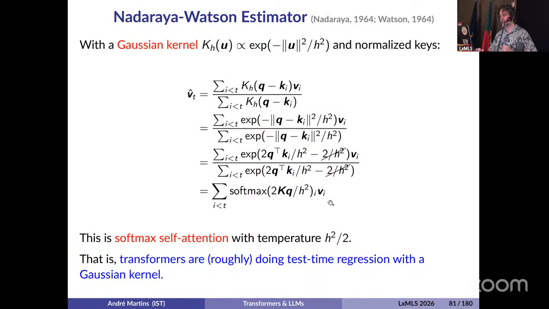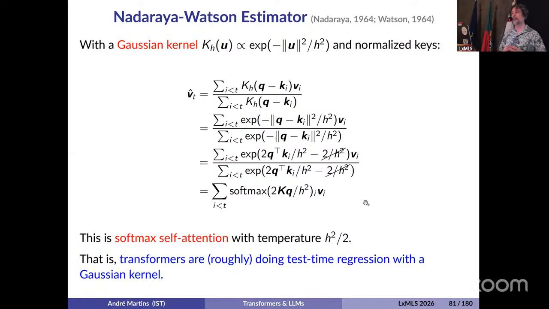And so you can write the entire thing as a softmax that compares your current key or query with all the other keys and uses the result as a weight to associate with the values. This is exactly what softmax self-attention is doing.